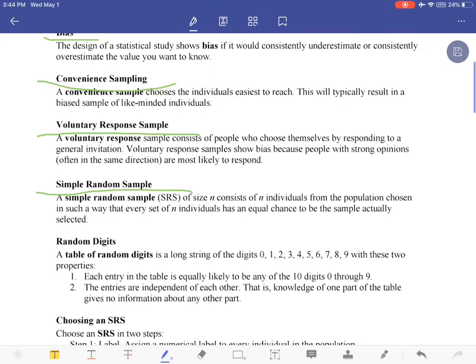Now, if you're writing out a response on the free response question on your test, we want to say use a random number generator, or you could say put those numbers in a hat or names in a hat and pick 50. Okay? You just want to show how to implement that randomization.